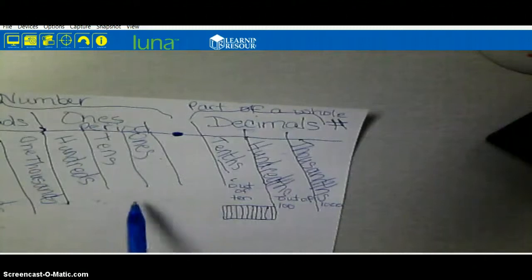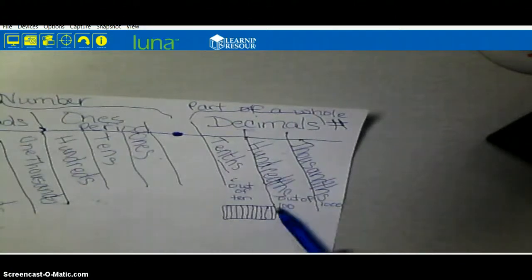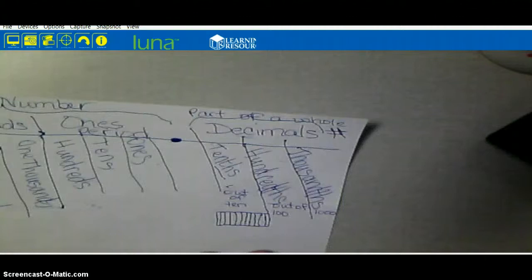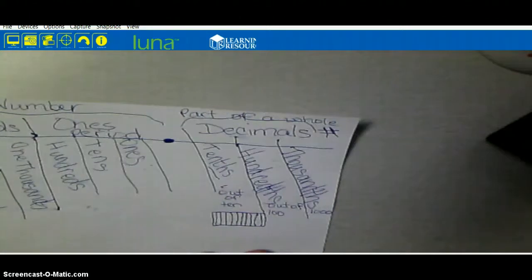And then we always have a dollar sign. That's the adult version of saying I have 99 cents. Or you could just put 99 with a cent mark. If you're doing the adult version of the money, then you want to have that dollar sign, $0, and then the decimal point 99.